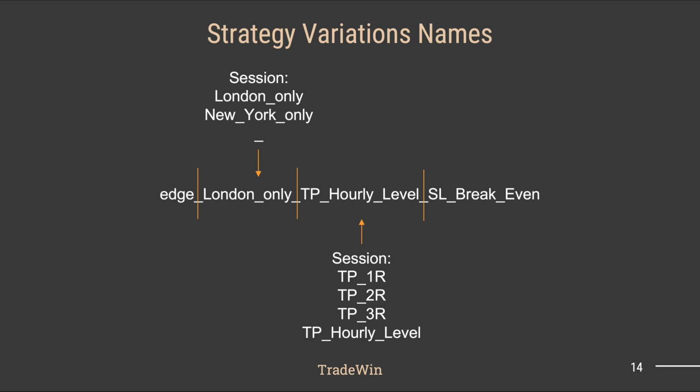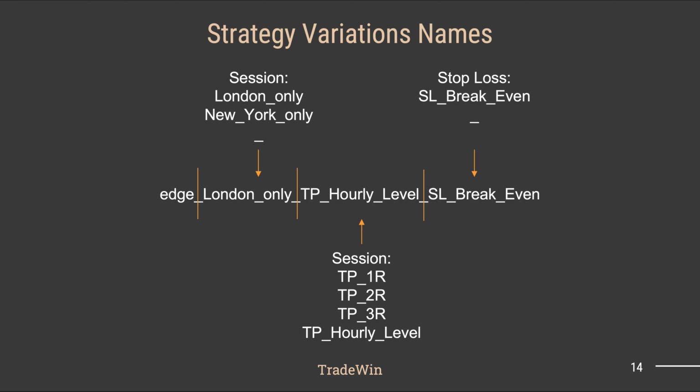We only focus on multiples of R, so you choose the R you want. If you want to trade with a $50 risk per trade, that would be your R. If you trade with $500, that will be your R. You'll decide what your R is, and it's part of your risk management strategy.